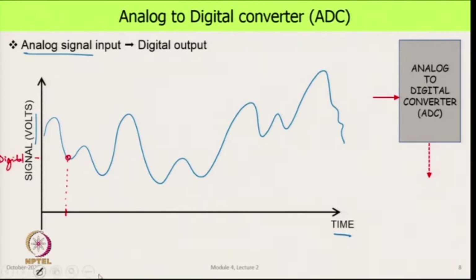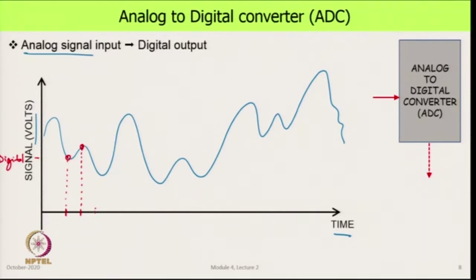So, this becomes a number, a binary number, and we get that value stored. Then after a little while, we do the same thing. So, we allow some time to elapse, and then at this point we again pick it up. Now, we have this signal strength, we digitize it and store it.